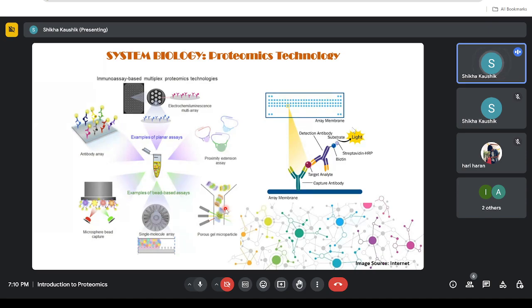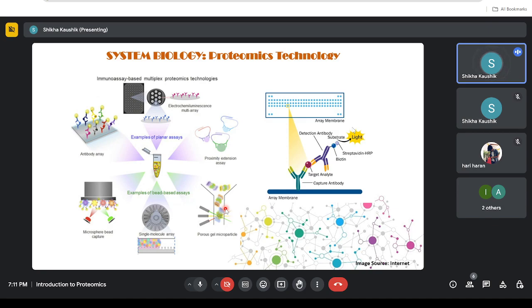So you use some proteomic technology when you are studying systems biology, because here you are actually using computers as well as mathematical models to understand the system. Sometimes you apply proteomic technologies such as ELISA, because they are generally antibody based.